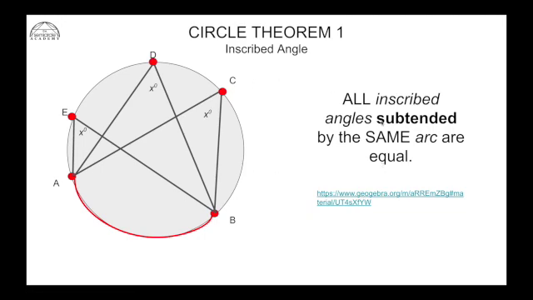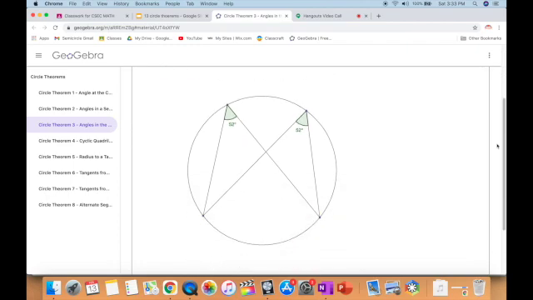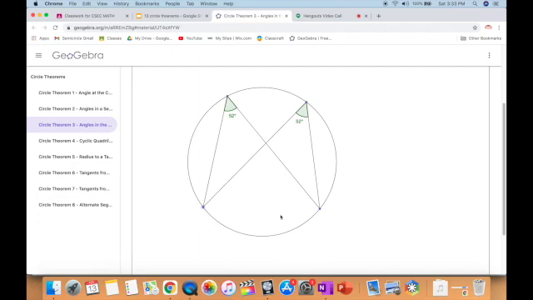Because I am such a great teacher, you could just click this link here in your PDF, and it will take you to a GeoGebra link where you can play with it. Here you can see we have two 52-degree angles, and they are subtended by this minor arc here.